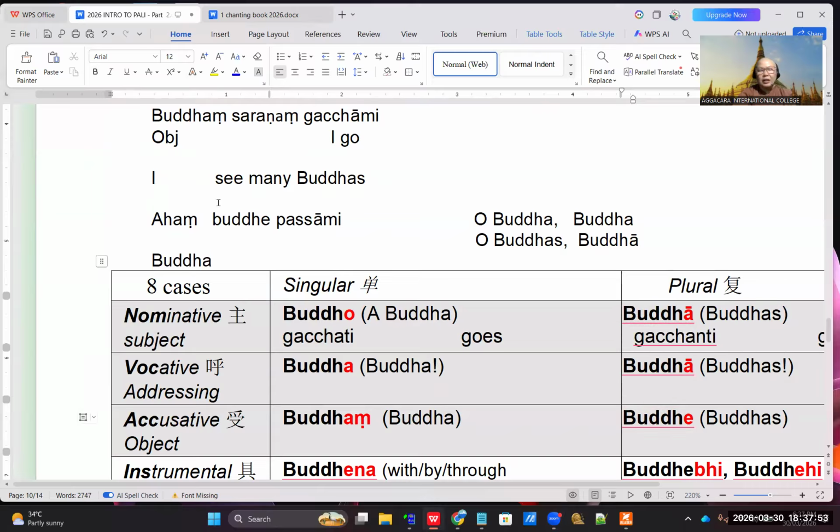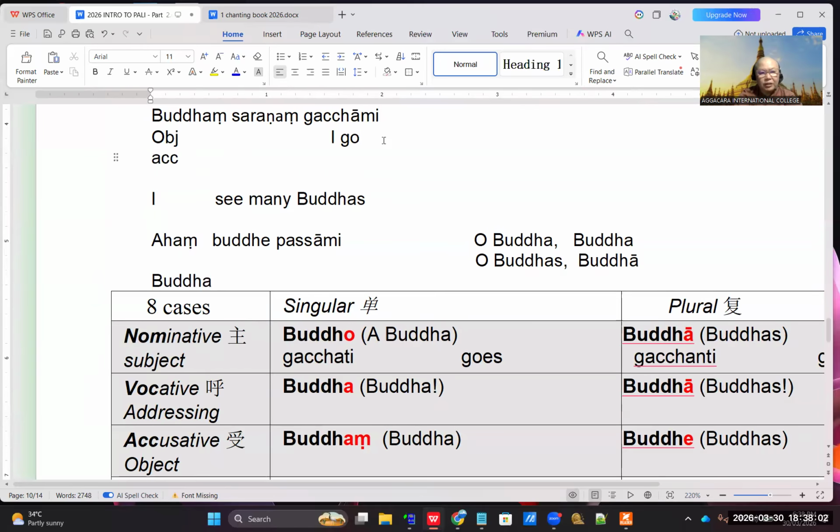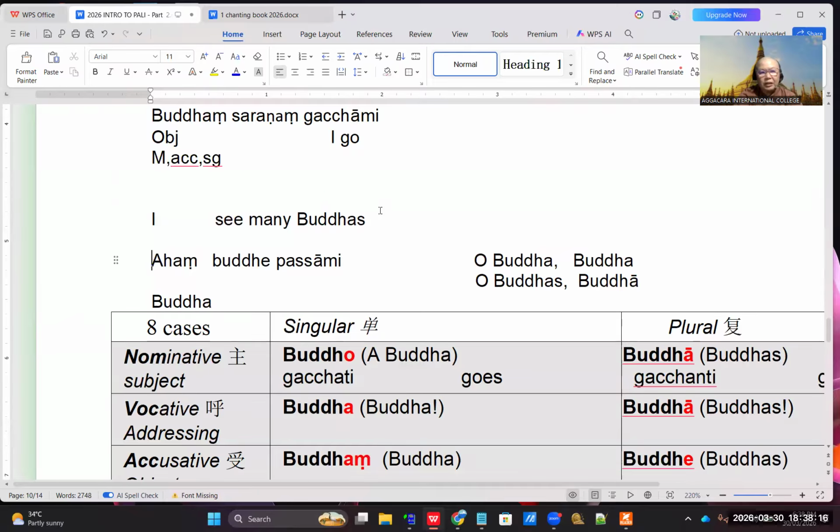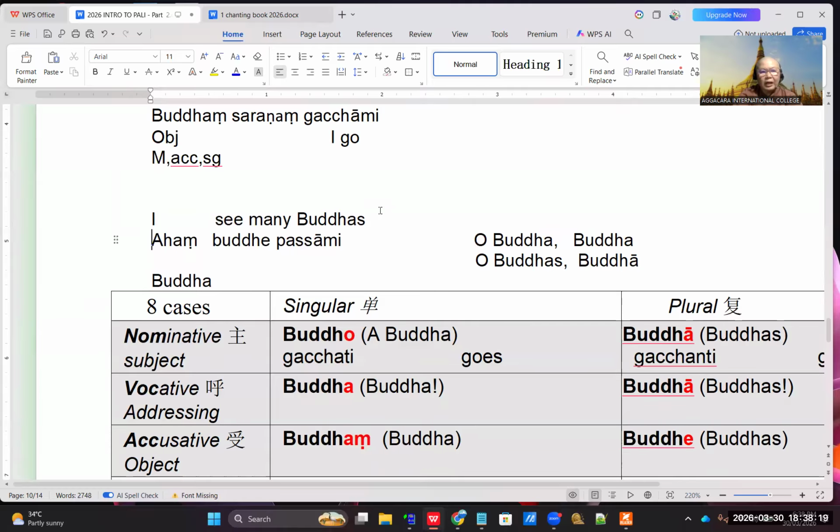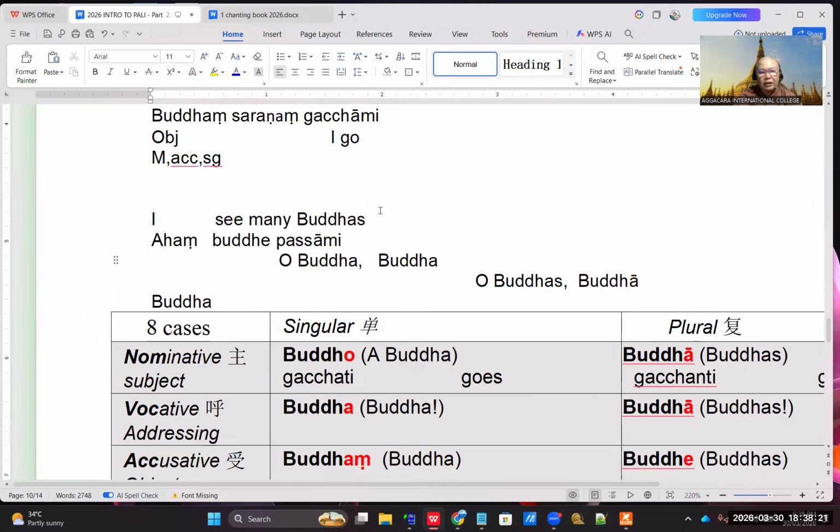Now, let's say Buddham Saranam Gacchami. If you want to write this technically, we have to write that this is masculine, accusative, singular, for Buddham. So this is one sentence. Now, if we want to write another sentence: I see many Buddha. All right?